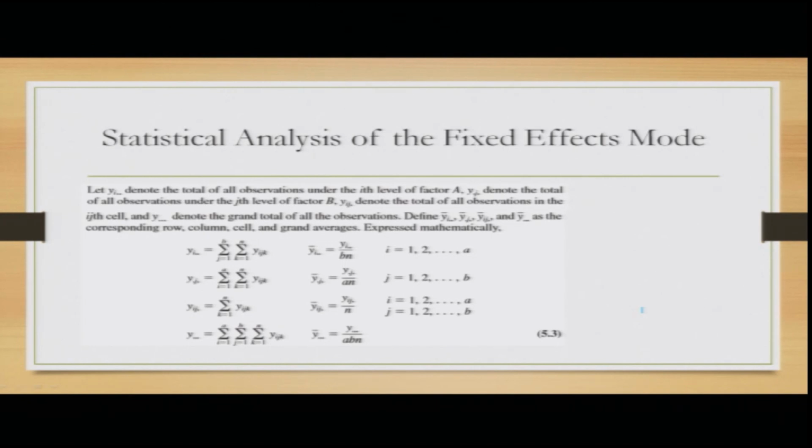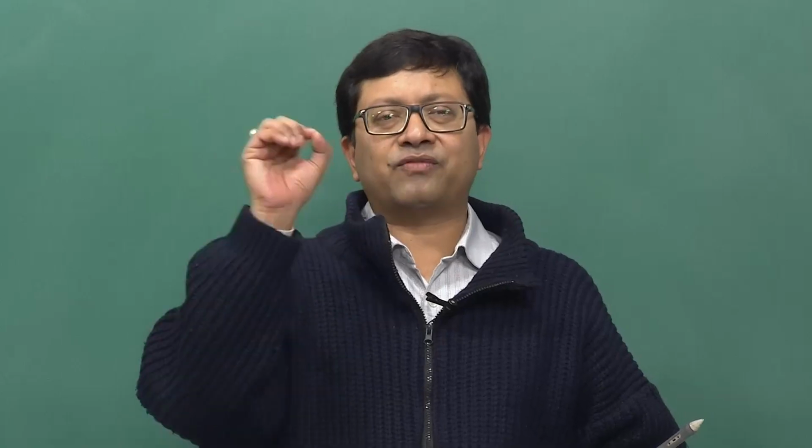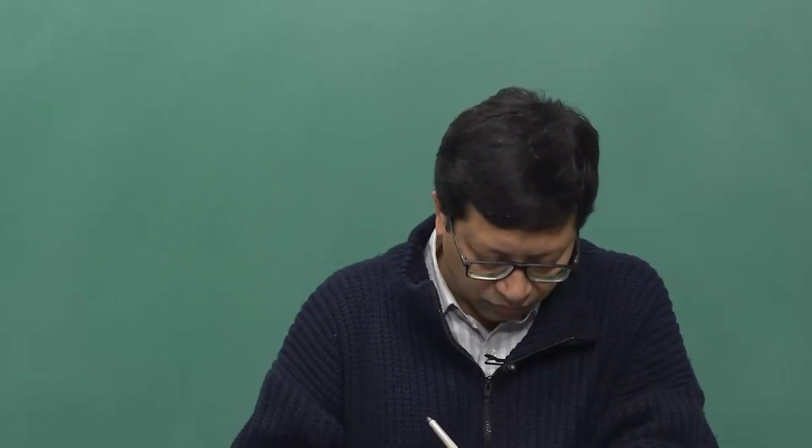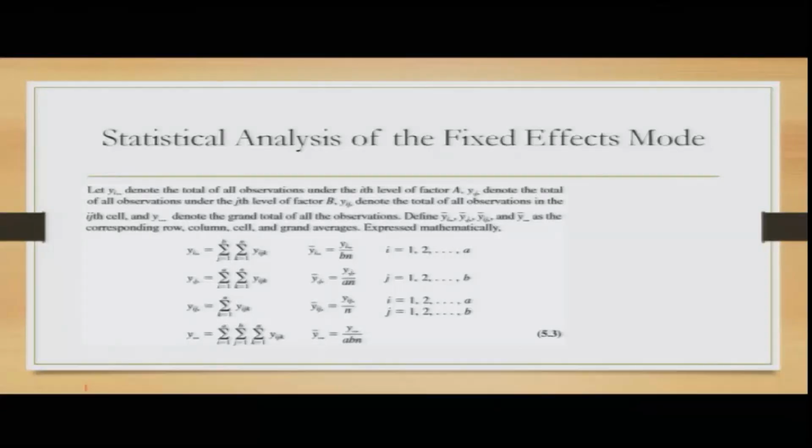As the model comes and the calculations are done, I will explain it very briefly. It is very simple to understand: you just have to add up and find the averages accordingly. I will use different highlighter colors to make it clear. Let me use the red one first. y i dot dot means you are taking the averages over j and k.